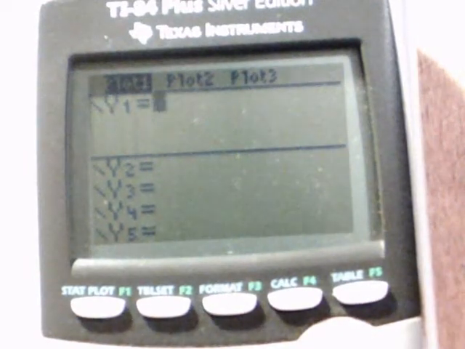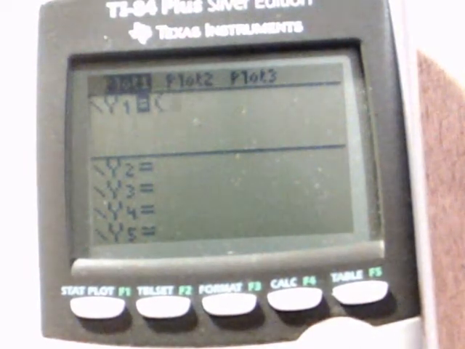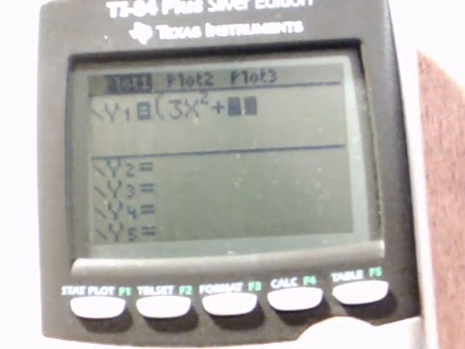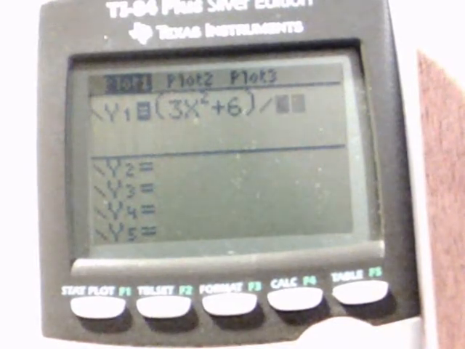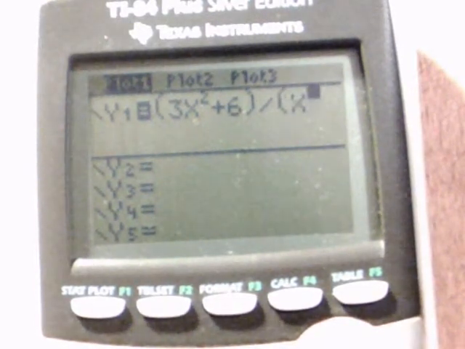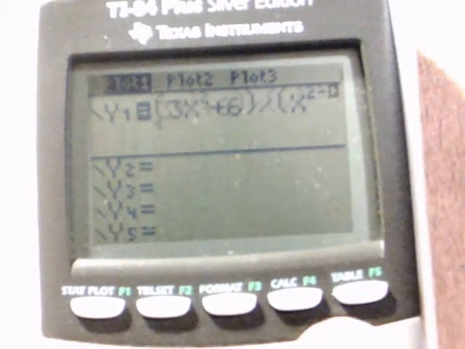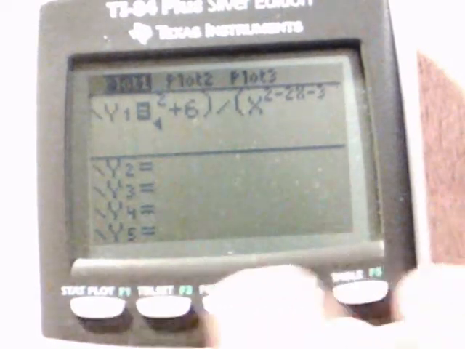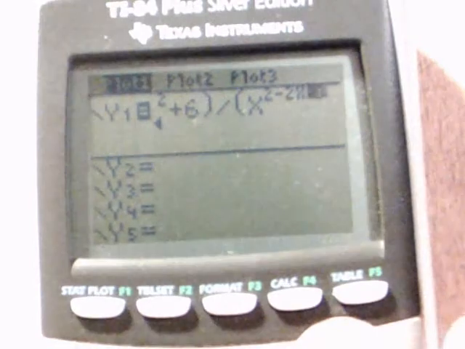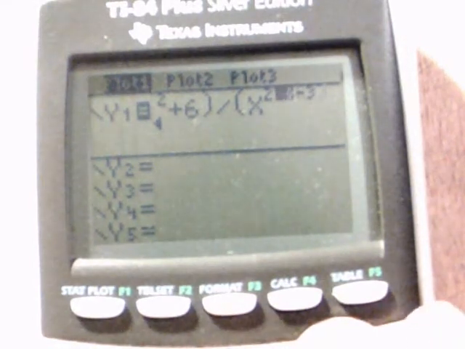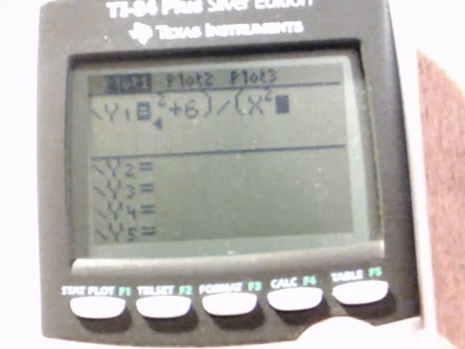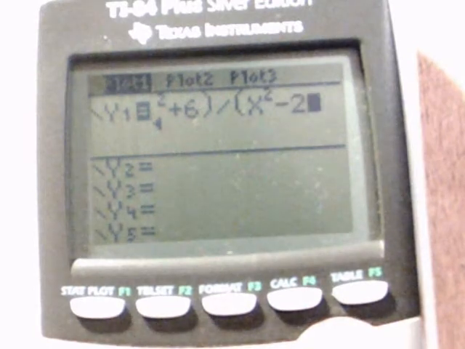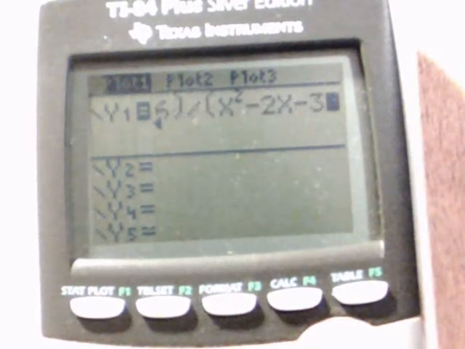So I have parentheses 3x squared plus 6, divided by parentheses x squared minus 2x minus 3, like that.